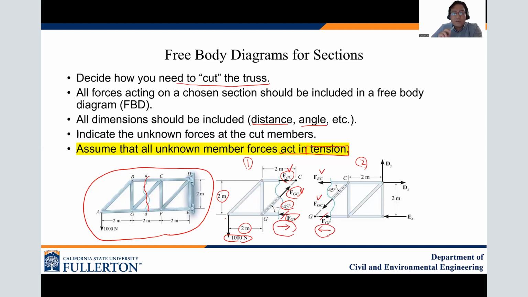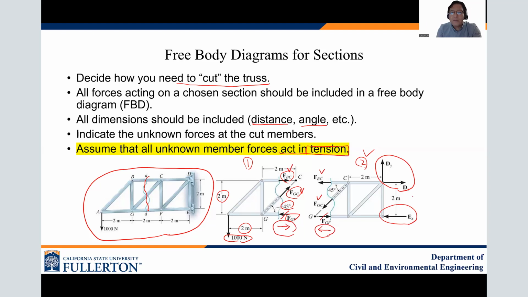So in this case, you choose part 1. You don't need to find the unknown reactions at D and E. But if you choose part 2, in that case, you need to find the unknown reactions first with the entire truss.